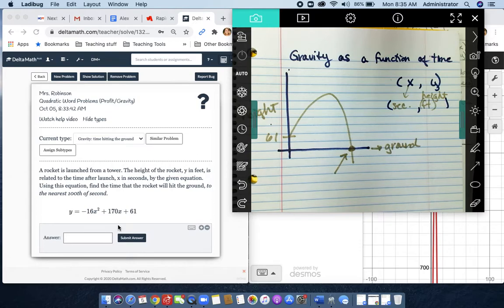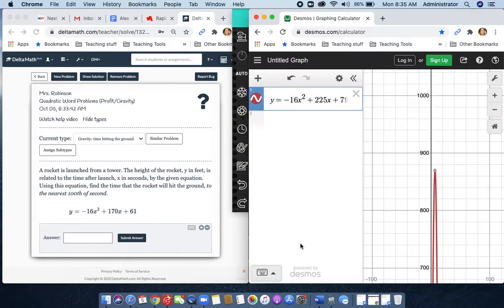And it says to the nearest 100th, so tenths, hundredths, that's going to be the second number after the decimal. So we're going to go to Desmos and type this in.